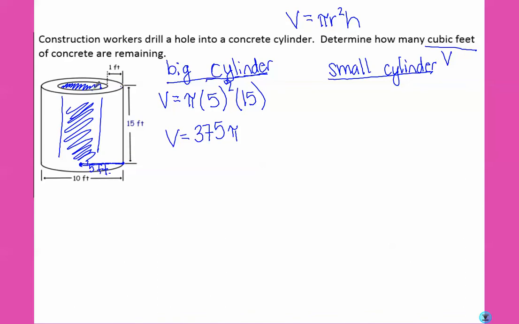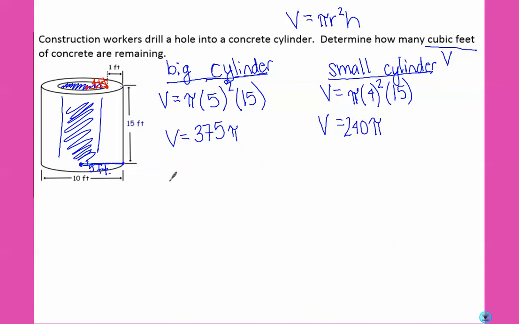One of those feet is going to be left over, so we know that from the edge of the hole to the middle, that leaves 4 feet. So the radius of the small cylinder is 4 feet, and it's still 15 feet tall. So the volume equals pi times our radius of 4 squared times our height of 15. Again, we're not going to include the pi when we type this in our calculator. 4 squared is 16 times 15 gives us 240 pi.